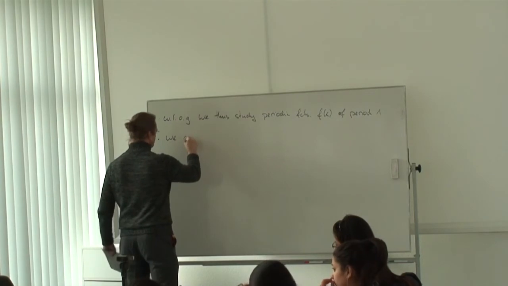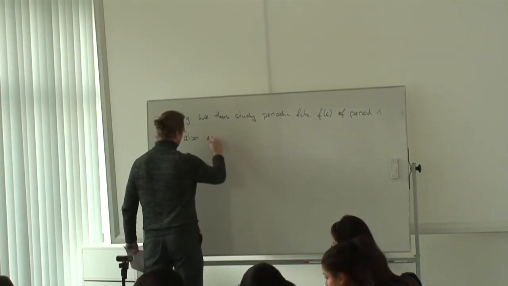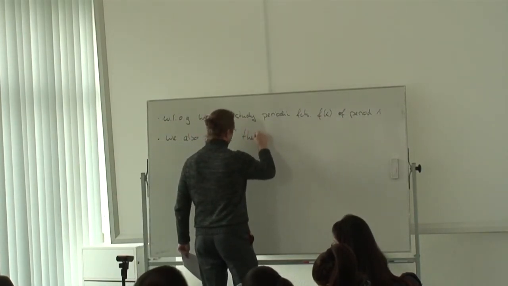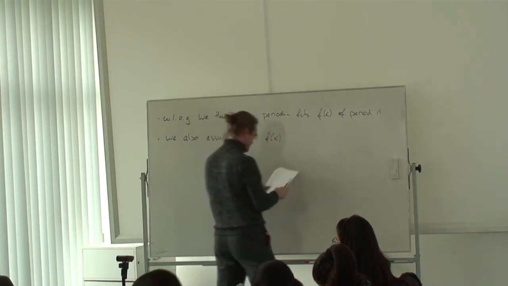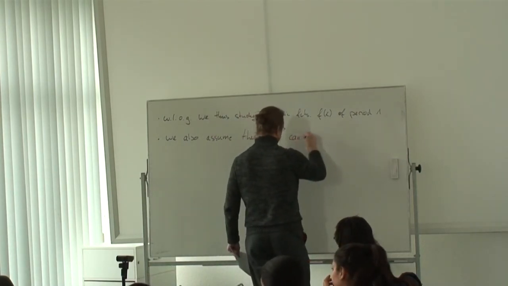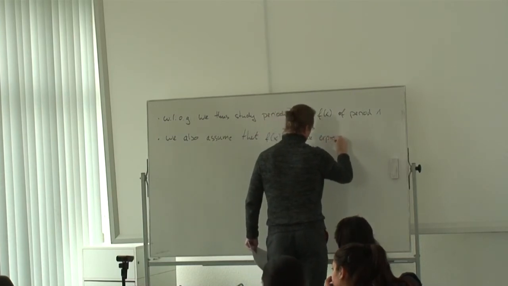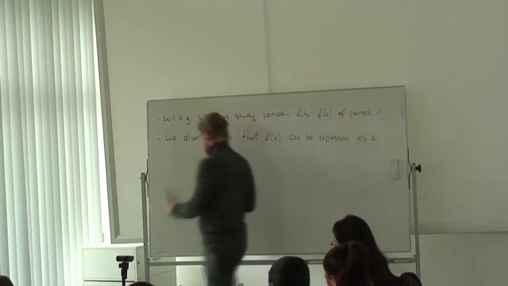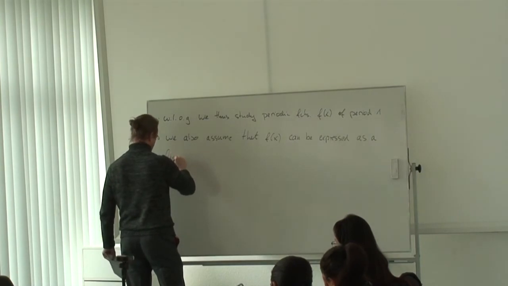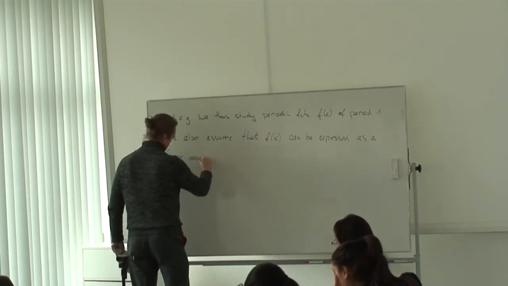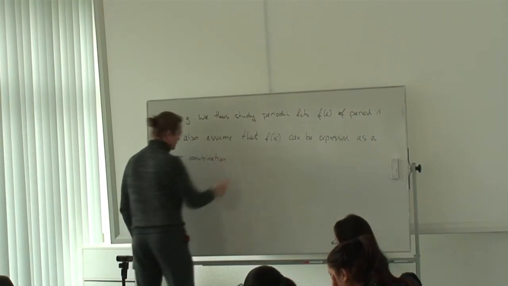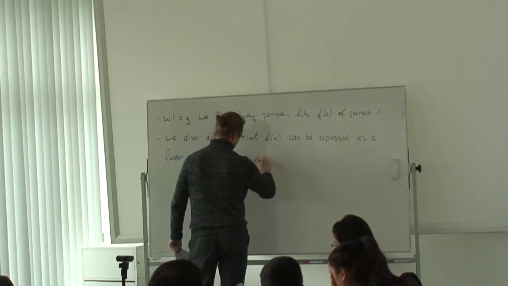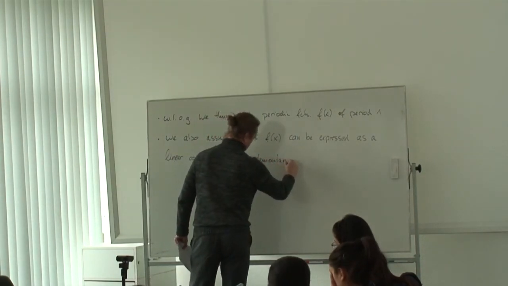We also assume, and this is all just for the time being, but this is basically what Fourier did, that this function f of x can be expressed as a linear combination. Look at this. Linear combination, a concept we met earlier, over elementary building blocks.